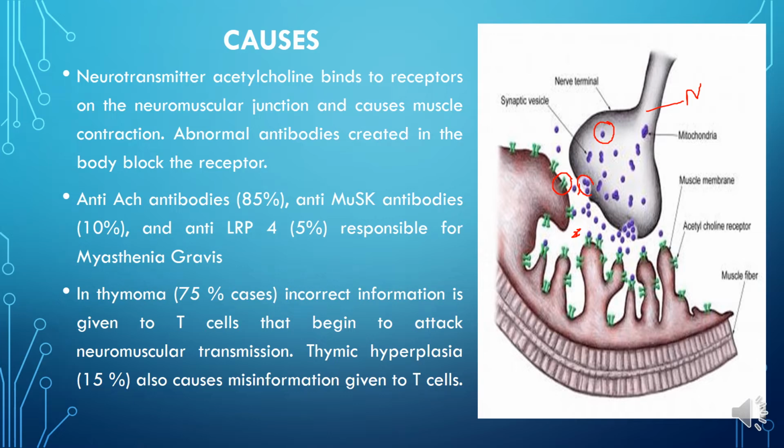But we know that myasthenia gravis is caused by weakness of the muscle. So in myasthenia gravis, the acetylcholine will be produced by the axonal end of the neuronal cell, and will be released in the synaptic space, but the receptor present in the postsynaptic membrane will either be blocked by certain antibodies, or will be totally reduced in number.